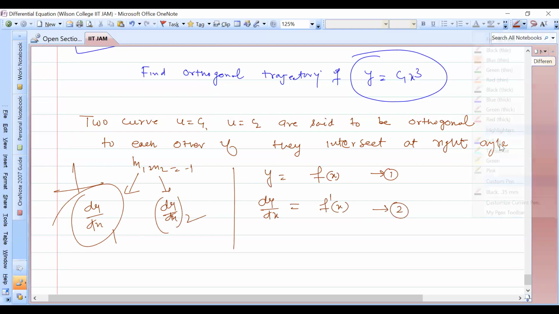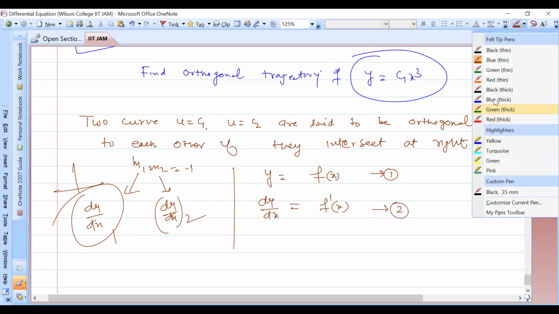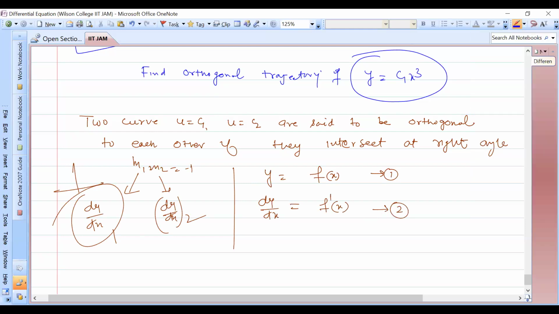Now eliminate constants and put dy by dx equals minus dx by dy.